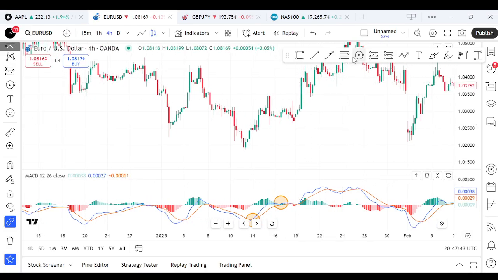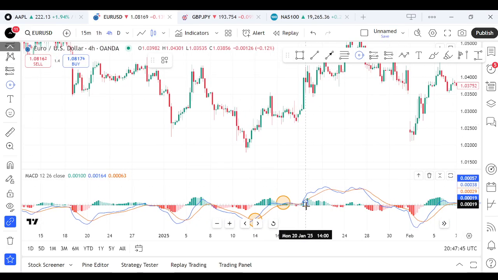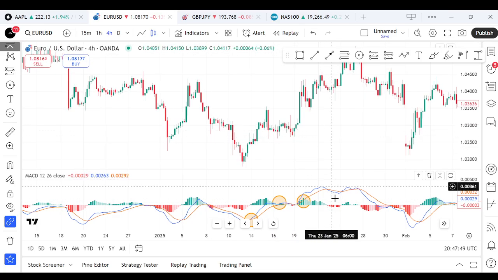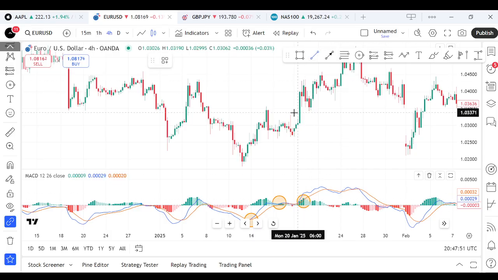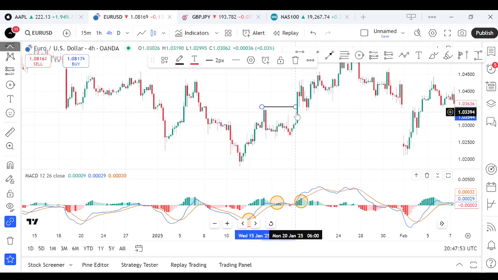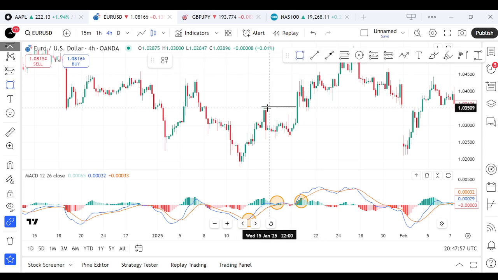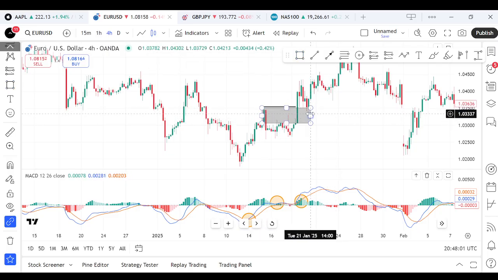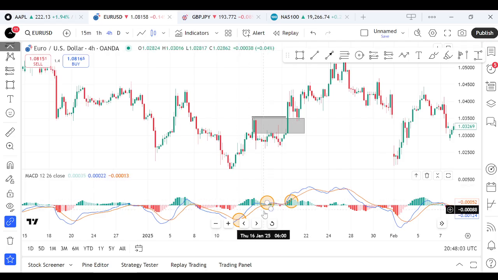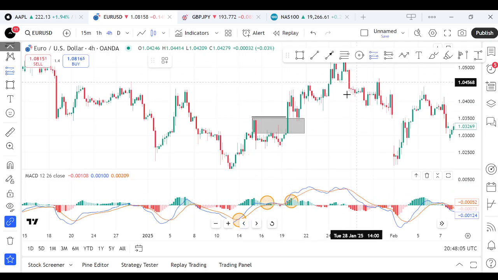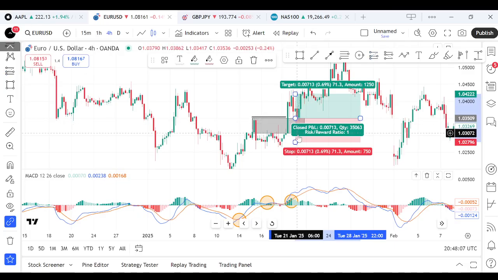At the same time, you can also see rising histogram bars happening here showing increased bullish momentum. So this is where we should be looking to take buy entries. Looking at price action, we have a break of structure here, and at the same time price is coming back to retest that resistance turned support for a continuous push to the upside. So after confirming all three, we could look for buying opportunities, and we have one here.